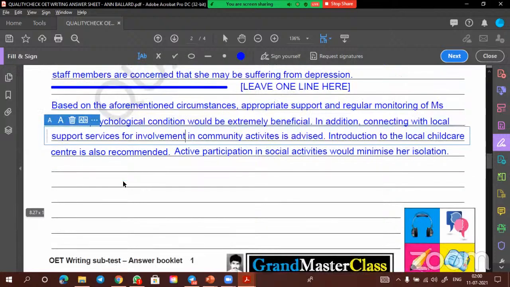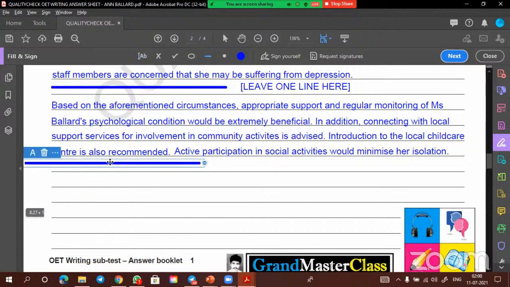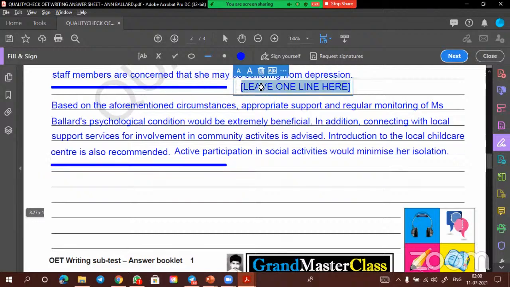Next one, leave another line. Leave one line there.